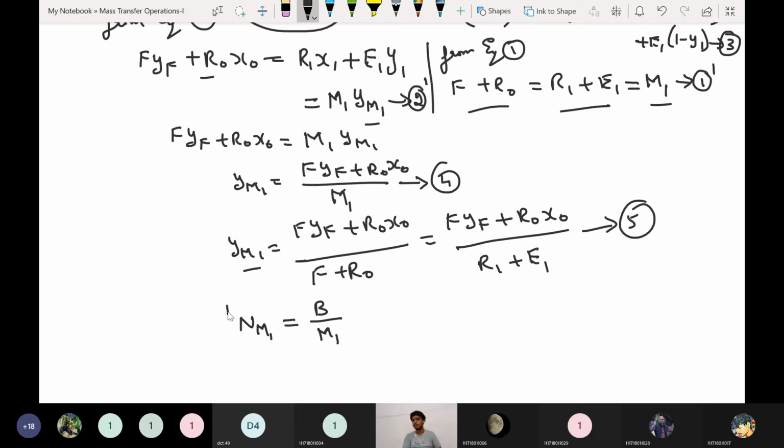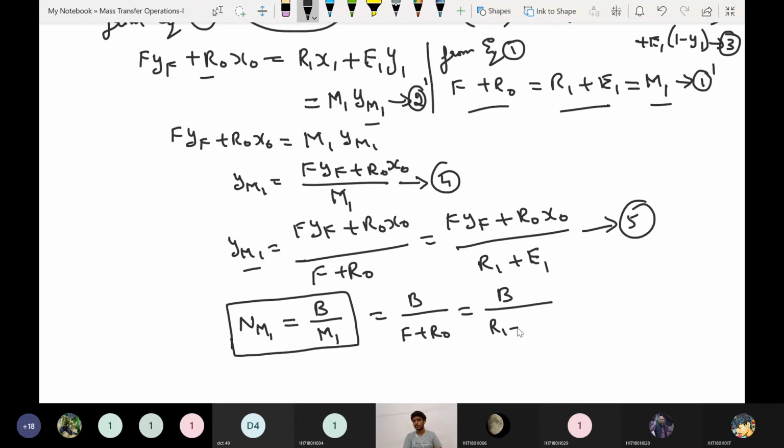So Nm1 is equal to B by M1, which, from this equation, F plus R naught, is also equal to B by R1 plus E1. These equations are very important. Is that okay for the material balance?